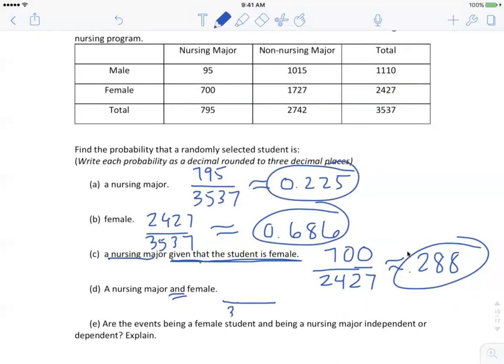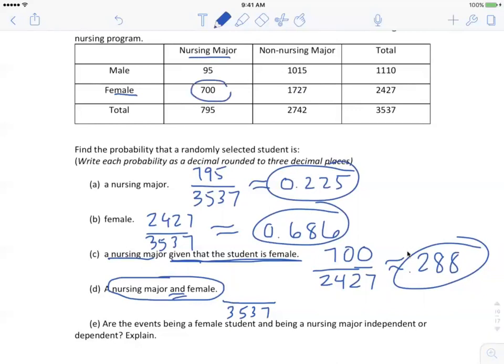Okay, here there's no condition. So I know the denominator is going to be that grand total of 3537 because there was no given that or any condition on the person being selected. Therefore, now I just need to go find the total number of people that are both nursing major and female. So is there anybody that's female and a nursing major? Okay, so I can look to female, nursing major.